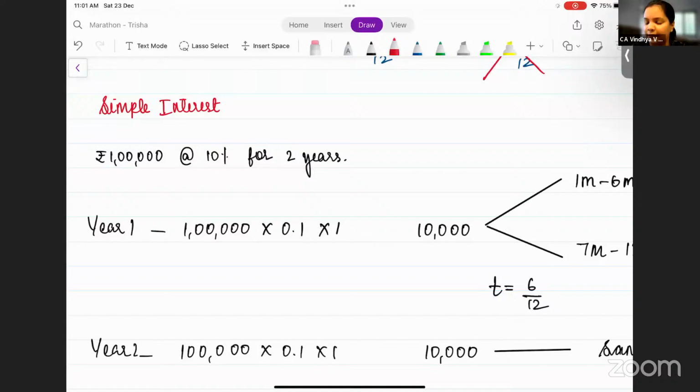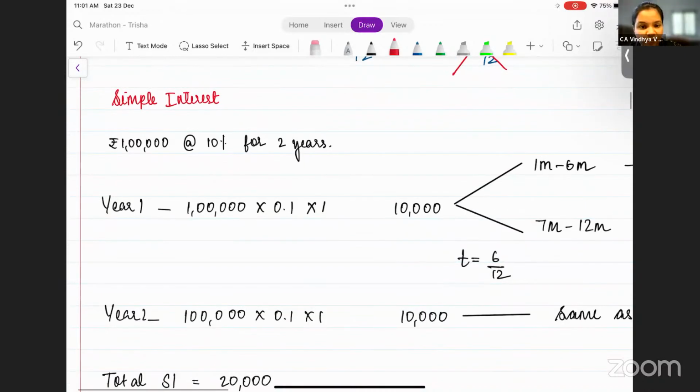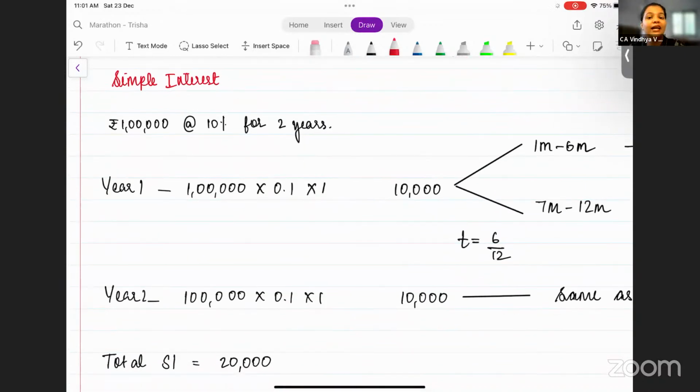Now, what is simple interest? I've given a very basic example over here. I've taken 1 lakh at 10% for 2 years. So 1 lakh into 0.1 into 1 will be the interest for year 1. 1 lakh into 0.1 into 1 will also be the interest for year 2. So interest is the same.